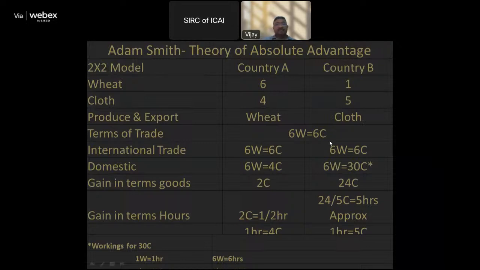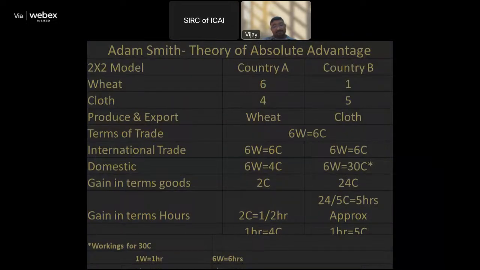Now come to country B. For producing 6 wheat in country B, I will get 6 cloth. If I want to produce 6 wheat in country B, I need to spend 6 hours.